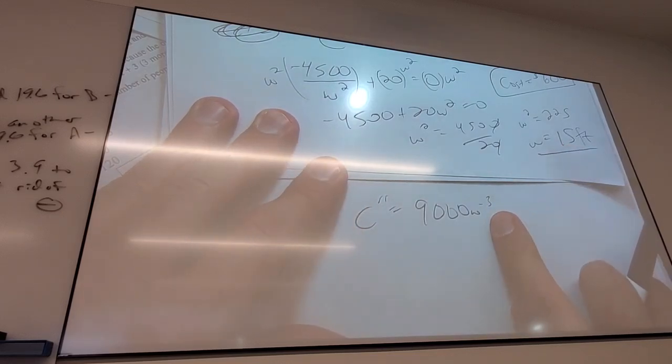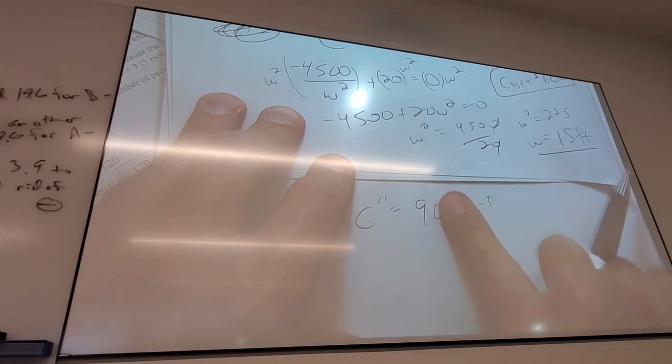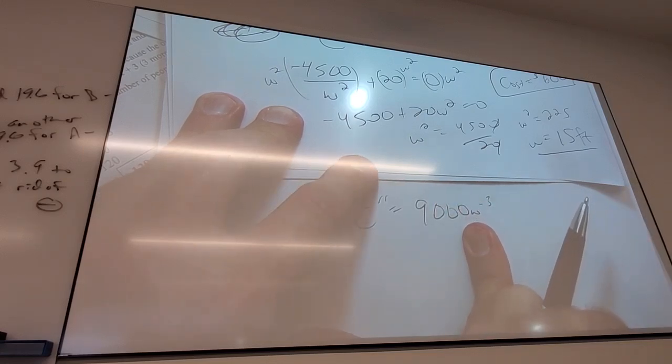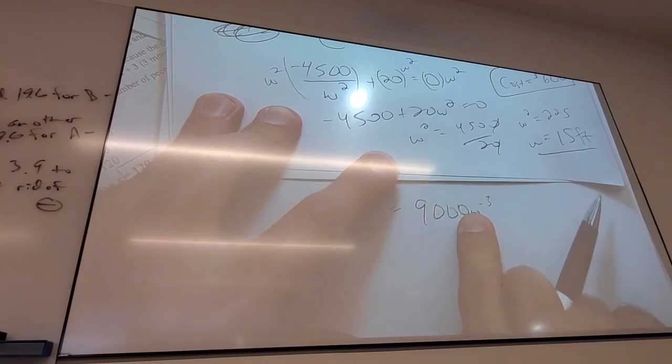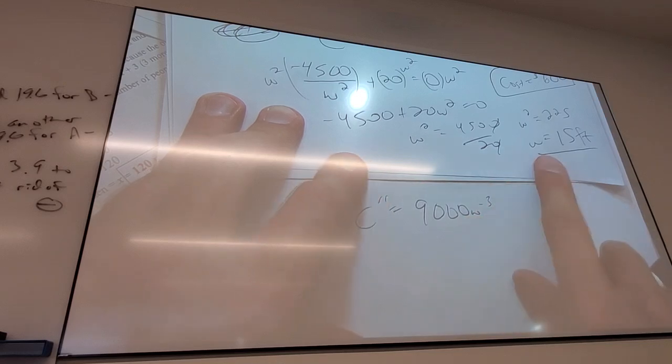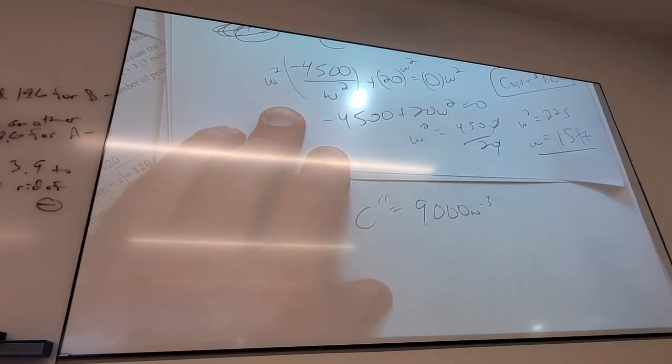You could put a 15 in here, but you don't have to. You're going to get a funky answer, yes? 9,000 times 15 to the negative third power is going to be funky. All I care about is: is it positive or is it negative? That's it. If it's positive, minimum. Negative, maximum.